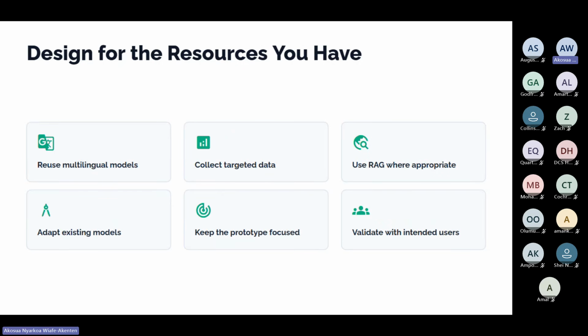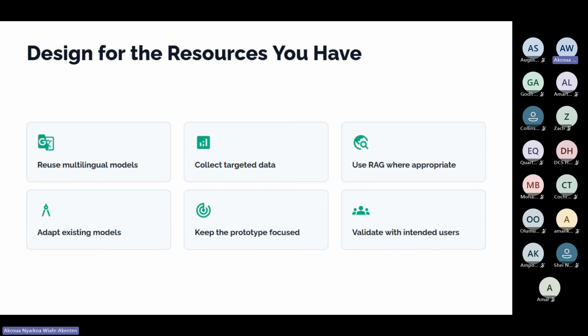Aside from RAG, you can also adapt existing models. We've already spoken about this. You can fine tune, for example, if the multilingual models available don't speak to your problem domain. You can look at that.